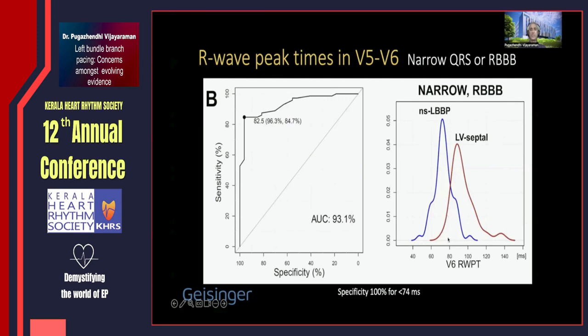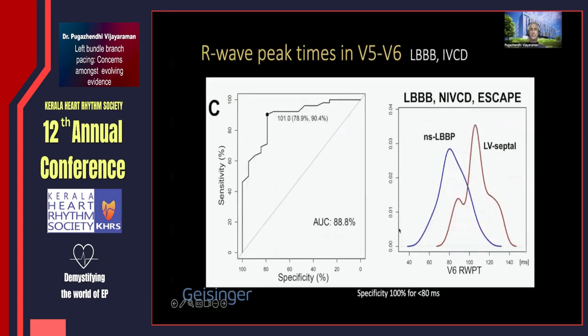Well, the shorter the number, the specificity goes up, but the sensitivity goes down significantly. Even though the criteria claimed 100%, and I'm part of this paper, 74 milliseconds, I have numerous examples where you can have peak R wave time with His bundle pacing in the low 70s. So left bundle branch capture should be even lower than that.